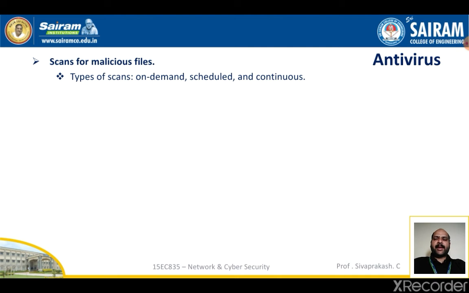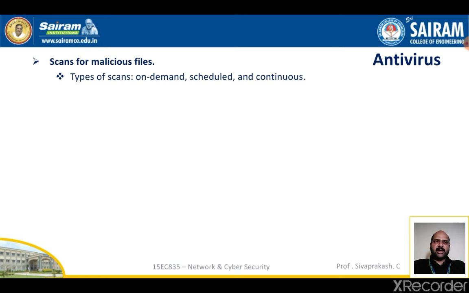Antivirus. What actually is an antivirus? Antivirus is a computer program used to prevent, detect, and remove malware. Antivirus software was originally developed to detect and remove computer viruses, hence the name antivirus. However, with the proliferation of other kinds of malware, antivirus software started to provide protection from other computer threats.